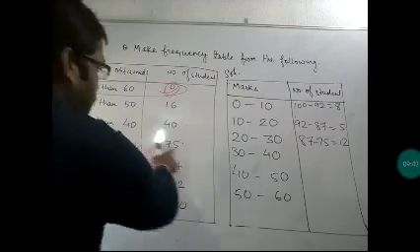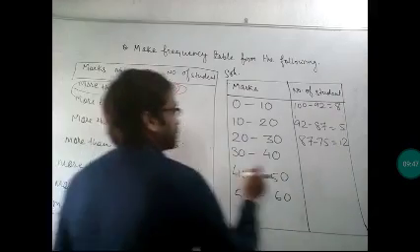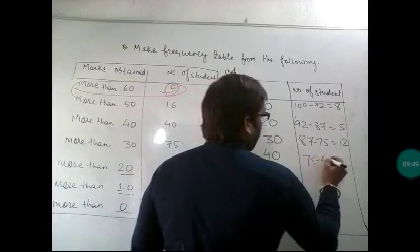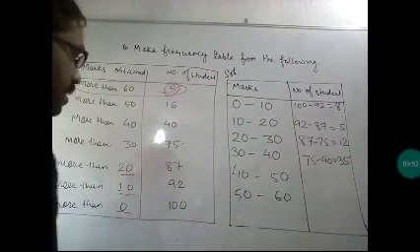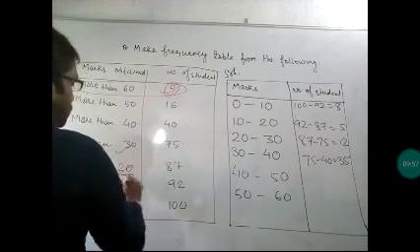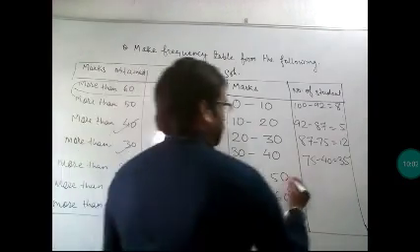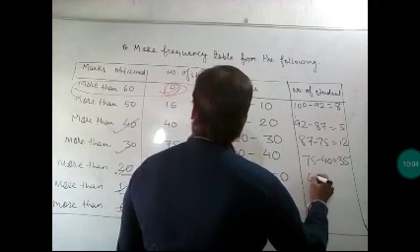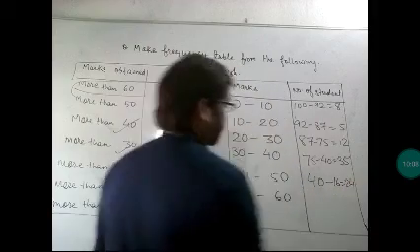Then we have 30 to 40, meaning more than 30 but less than 40. So that is equal to 75 minus 40, so it's 35. Then we have 40 to 50, meaning more than 40 but less than 50, so that is 40 minus 16, 24.